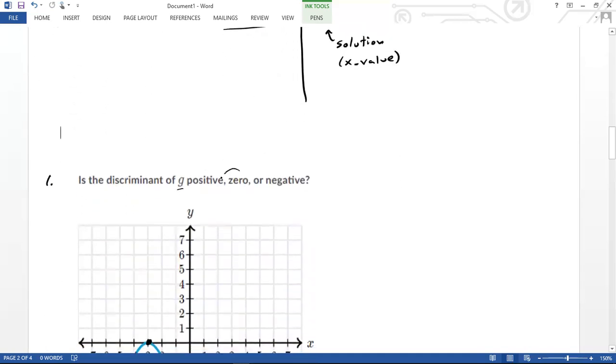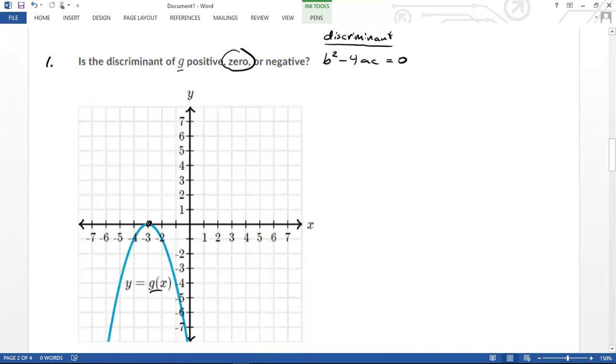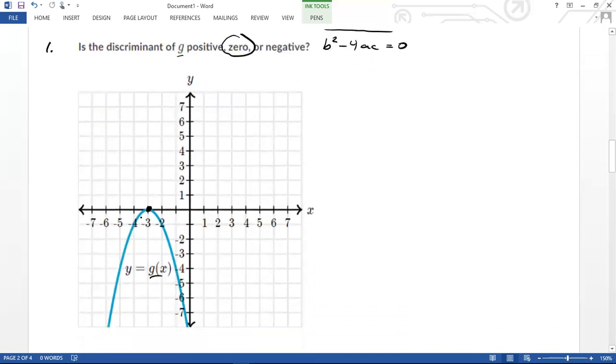So in this case, it's 0. All right, so it's pretty easy. It hits in one x-intercept, so it's 0. There's only one solution.